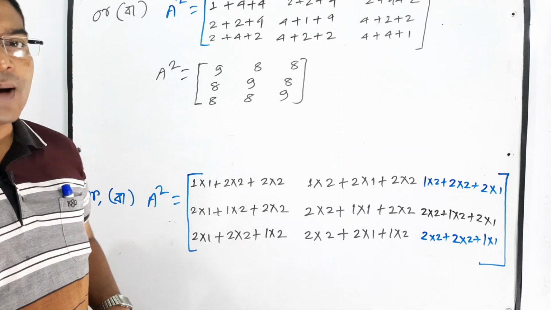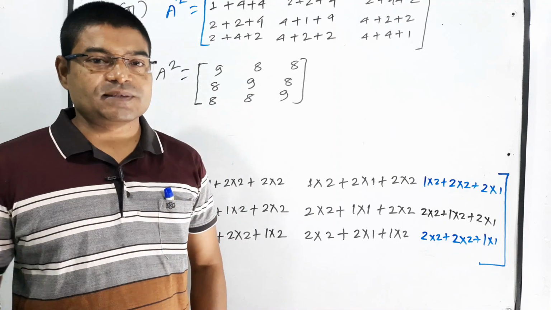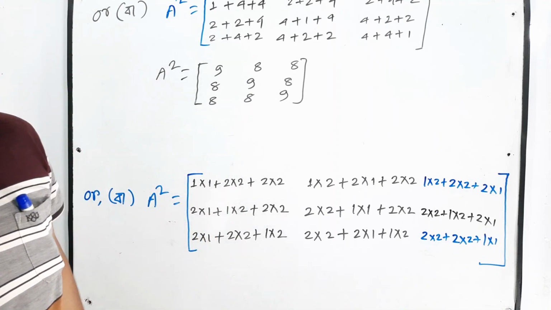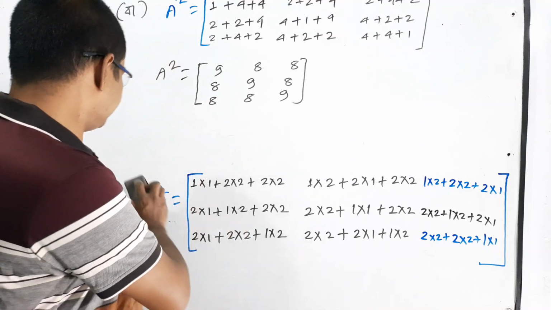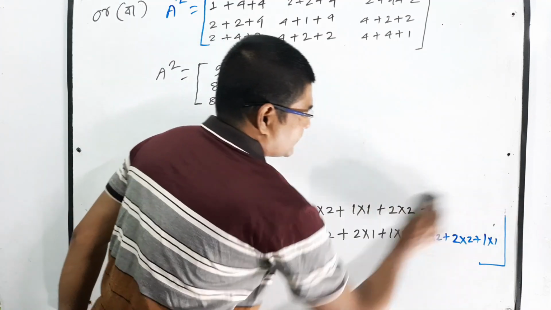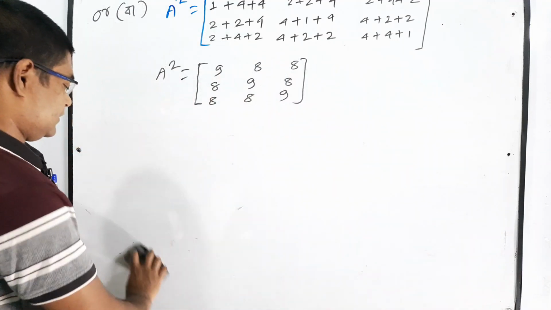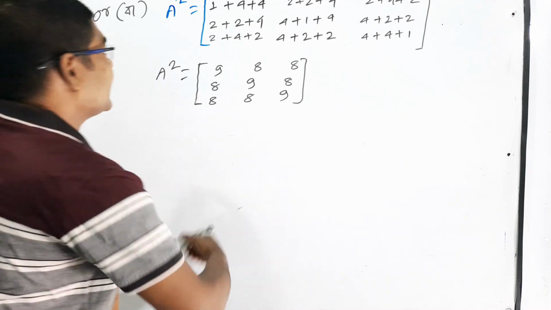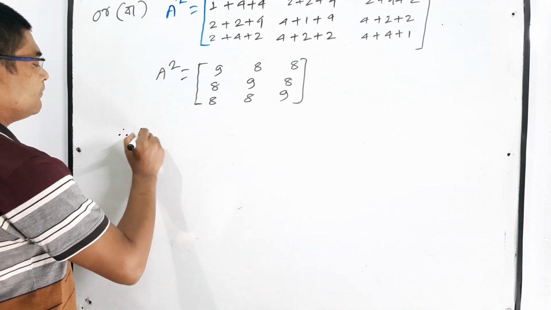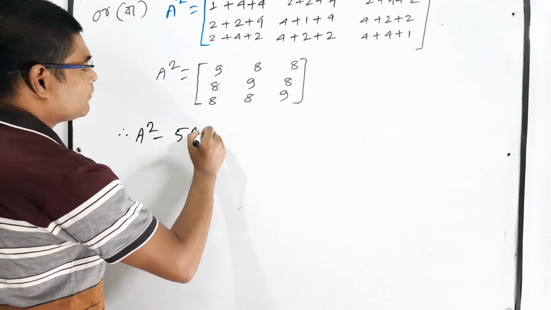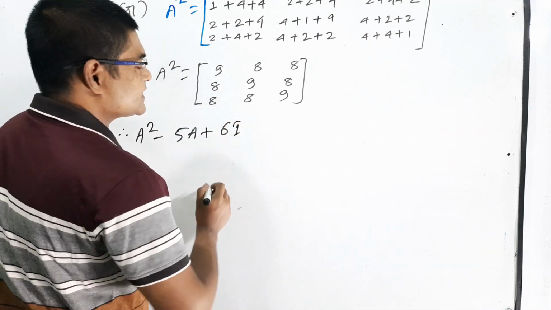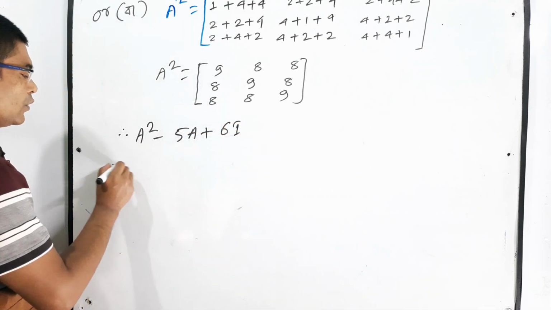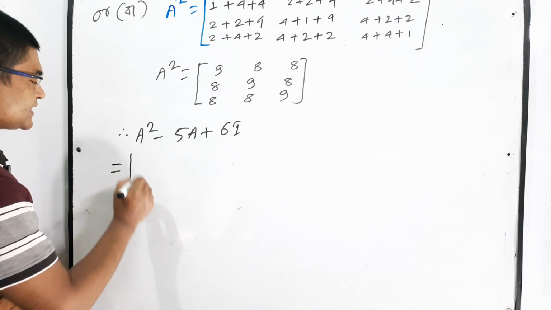Now we have to find out A square minus 5A plus 6I. You can see here is A square. Therefore, A square minus 5A plus 6I. So, what is the value of A square?